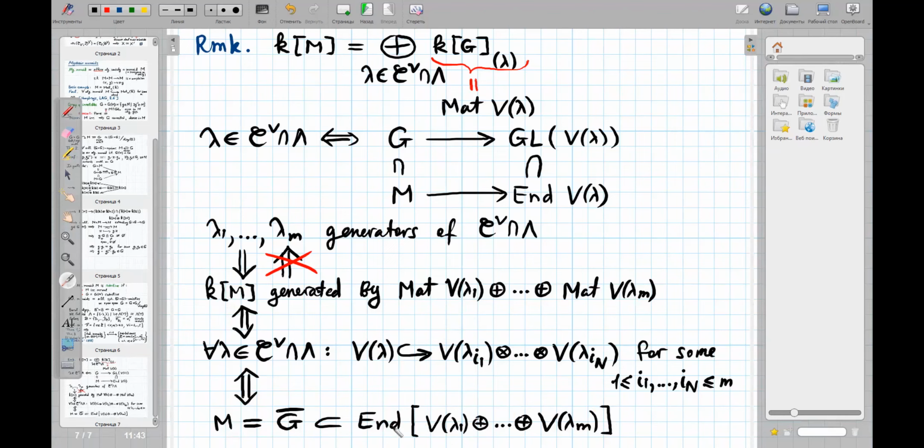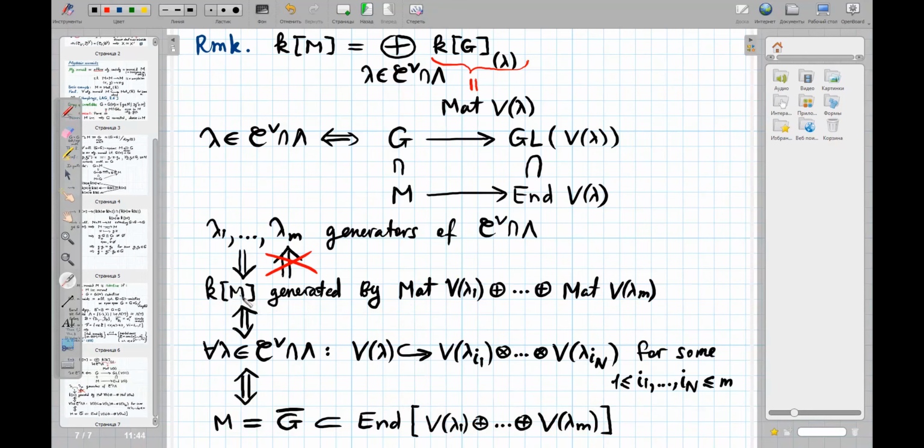And to say that the coordinate algebra of this space of endomorphisms maps surjectively to the coordinate algebra of M is exactly to say that this coordinate algebra is generated by the space of matrix entries corresponding to this representation.